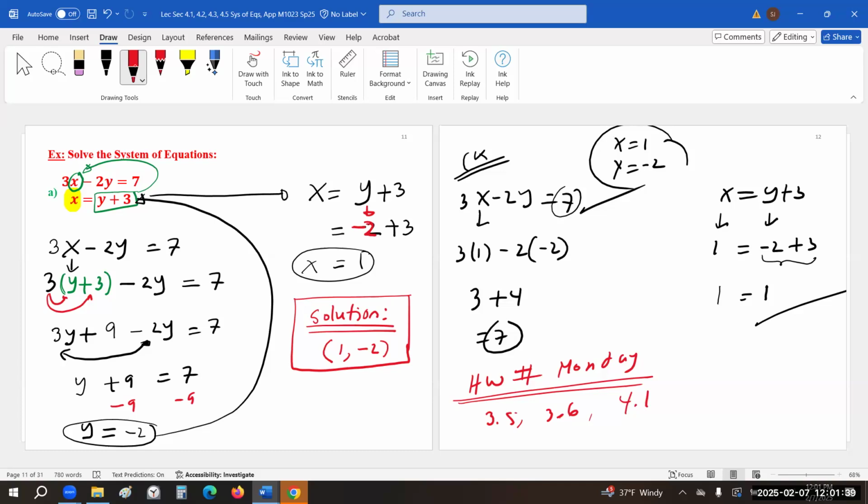Okay, I'm going to show you graphing later. 4.2. So 3.5, 3.6, 4.2, and your quiz will be whatever quiz you have on 3.5 and 3.6. So you have 2 quizzes, 3 homeworks to do. Monday midnight. I'm going to change the due date today.